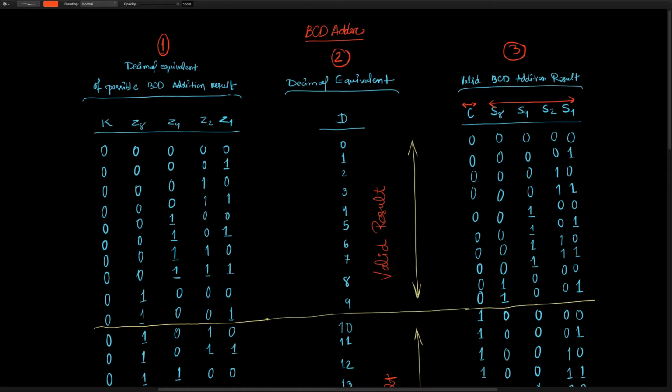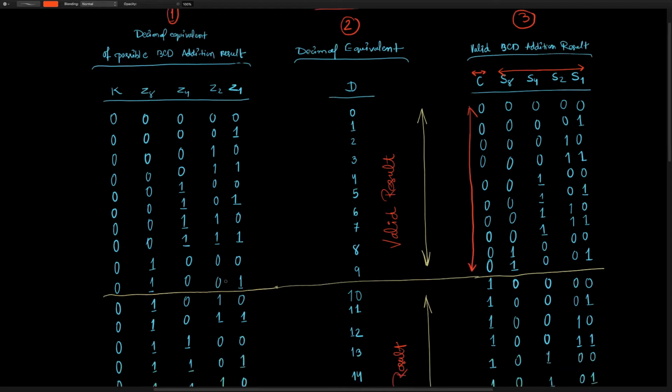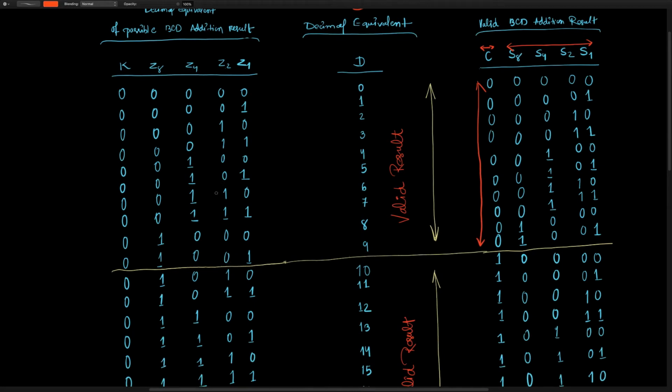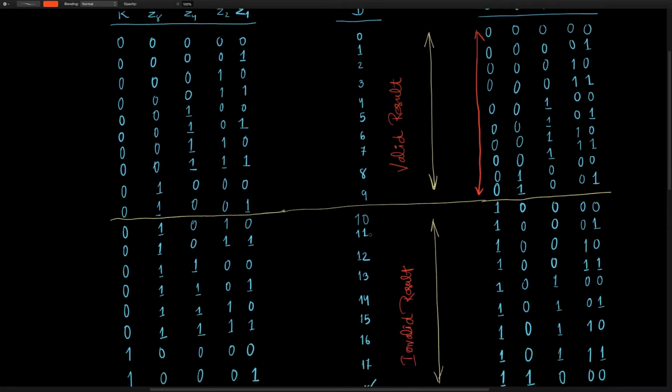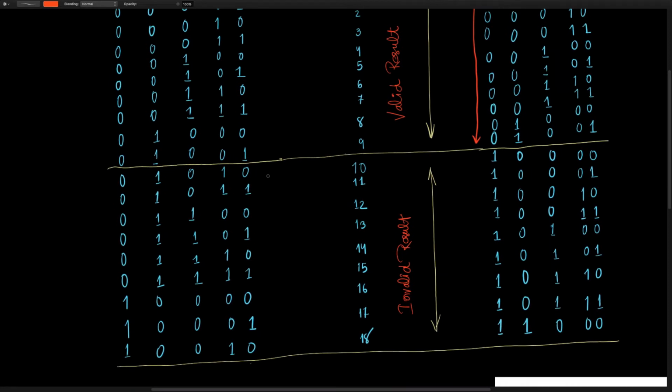This carry remains 0 whenever you get a valid result, that is from 0 up to 9, and the binary equivalent of the valid BCD bits remains the same. Whenever the result is greater than 9, the binary equivalent of the decimal value increases as is, but the valid BCD value is not like this. These are not valid BCD values.